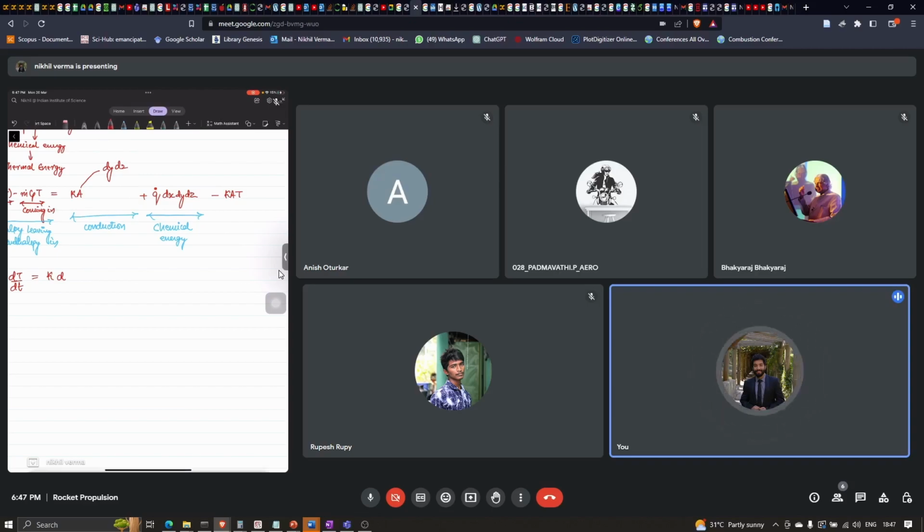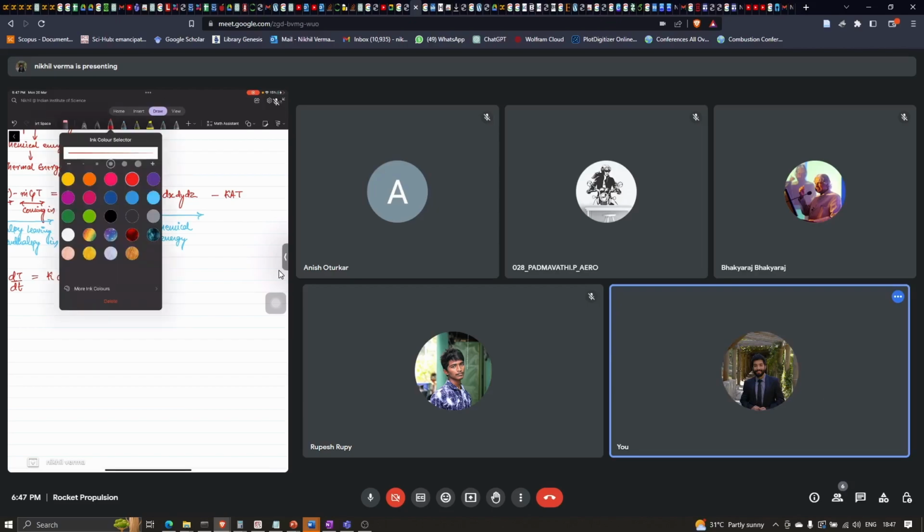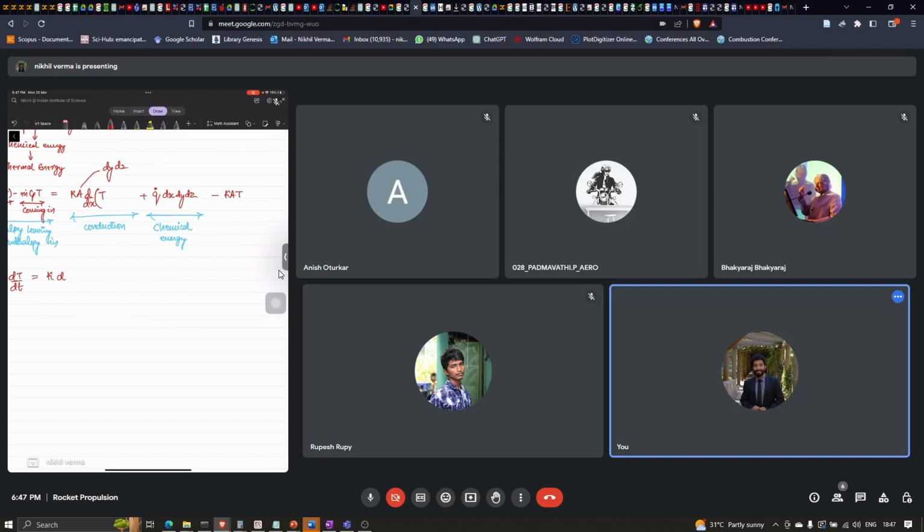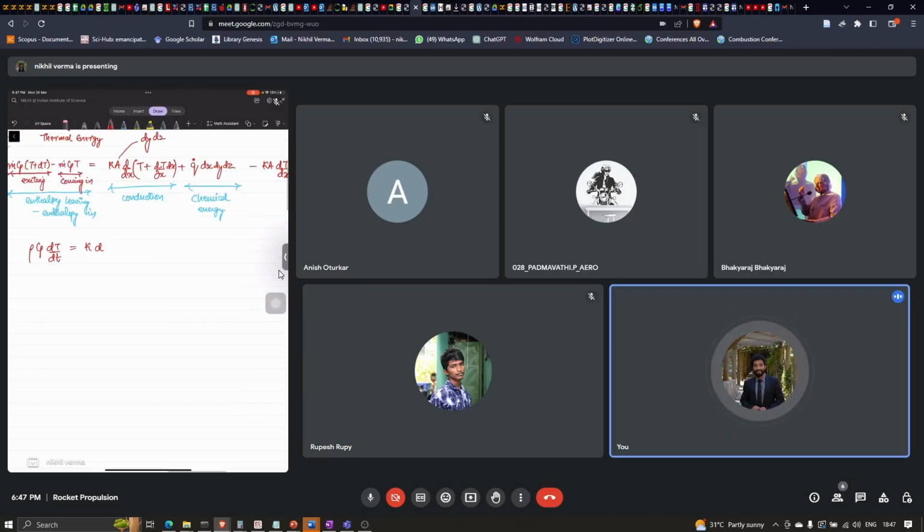So Fourier's law of conduction says that we have dT by dx into dx, right? And this will be d2T by dx square plus q dot.